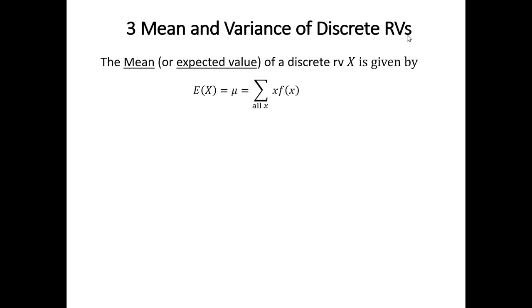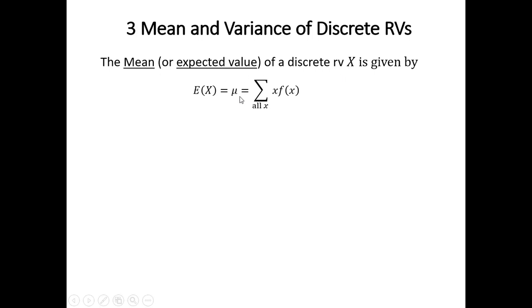In the next section, we look at the mean and the variance of discrete random variables. So the mean is also called the expected value of a discrete random variable x. It's given by, here you see we have this notation, E of x, when we want to think of this as being closely associated to our random variable.